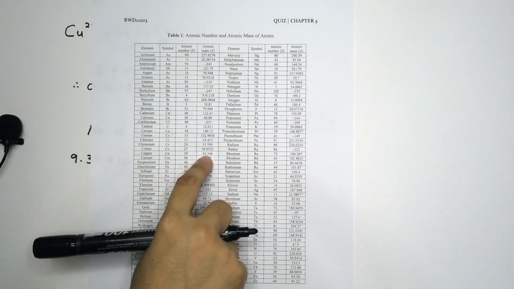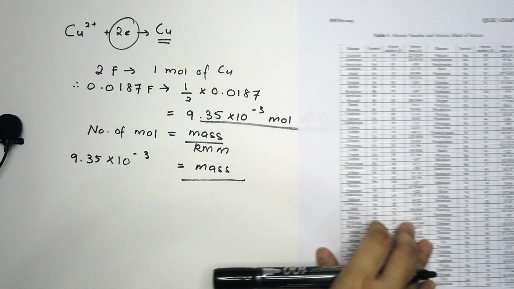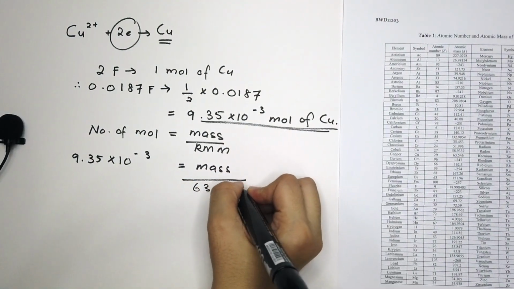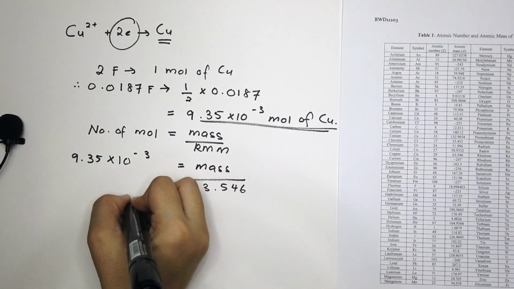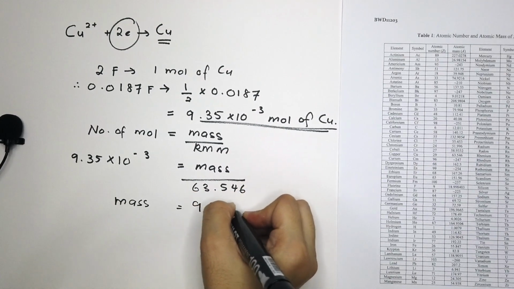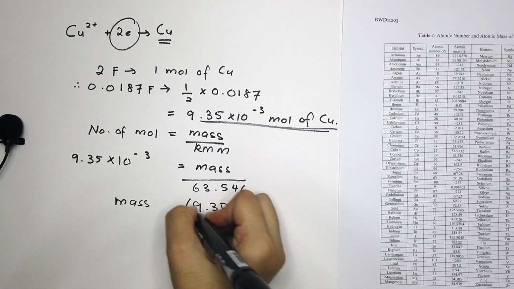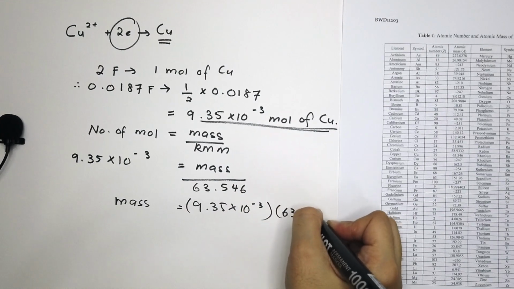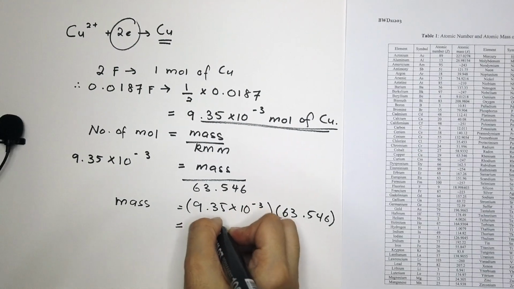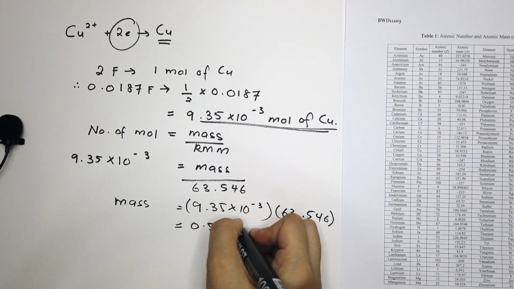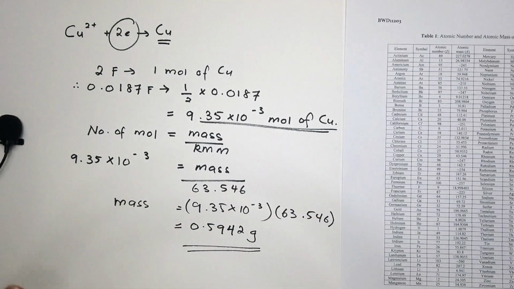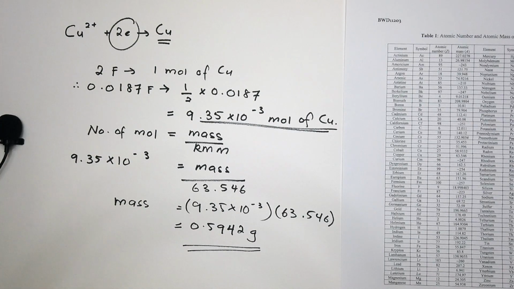Here. 63.546. So the mass shall be this one times that one. So 9.35 times 10 to the power of -3 times 63.546. So you shall have the mass equivalent to 0.5942 gram. So this is the final answer for your last question in the class activity.